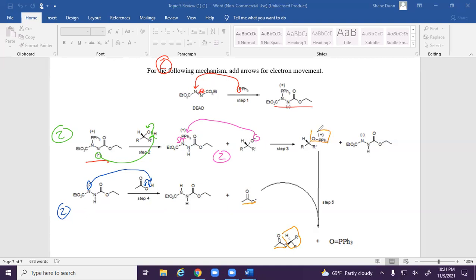To make that occur, you break the bond here. Oxygen gets 2 electrons, which makes a double bond. So the double bonded PPh3 occurs there, and this makes this guy positive. Electrons here go here, which is 2 electrons. So 2, 4, 6, 8, 10. Overall, 10 arrows.